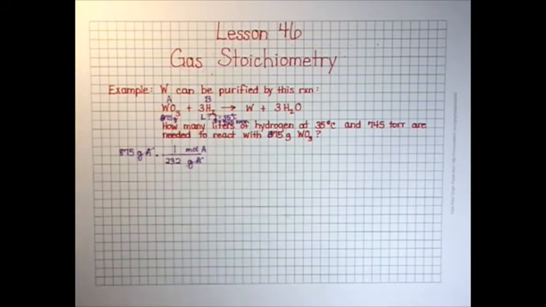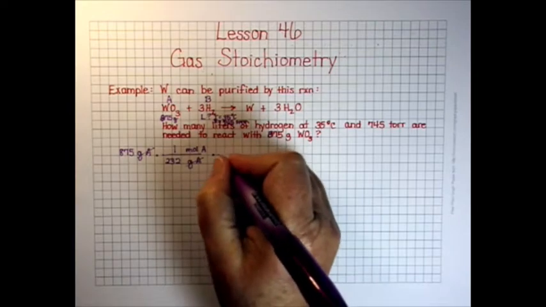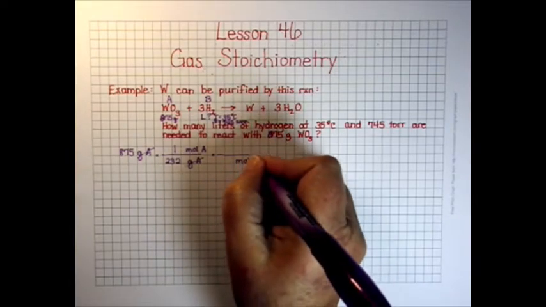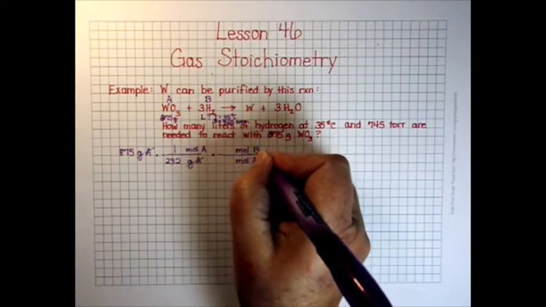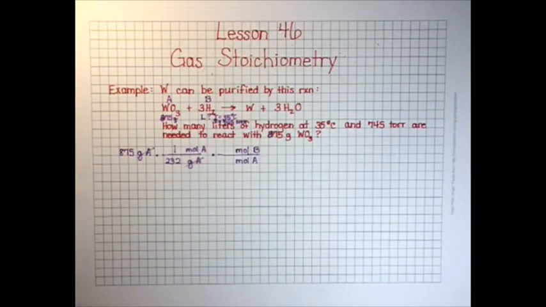Now we want to get out of moles of A and into moles of B using the coefficients in the balanced chemical equation.